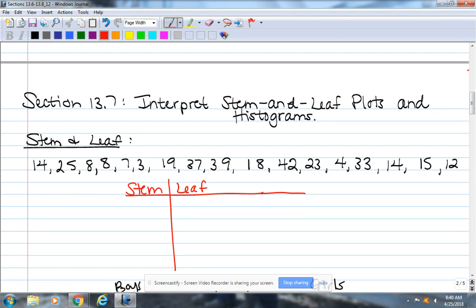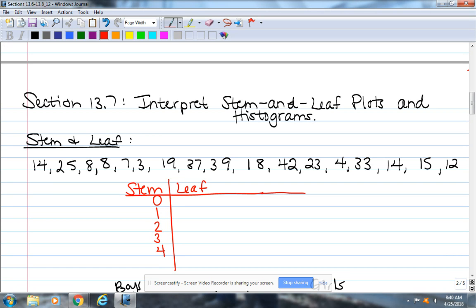It looks like most of these are either single digits or they're in the teens, the 20s, the 30s, and I think I see a 40s, right? So the tens place would be a good stem to have. But what will we do for our single digits for their stem, do you think? 0. We can use 0 for a stem. So I have single digits, teens, 20s, 30s, and I have 40, maybe 50s. No. So 44 is my biggest stem I need.